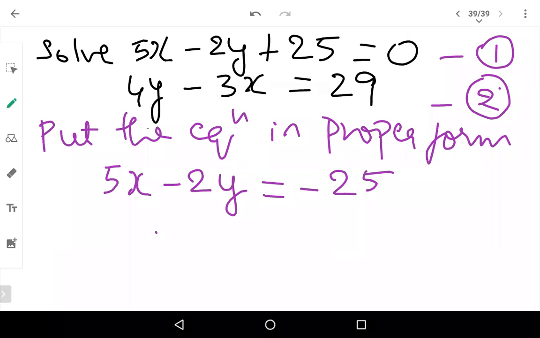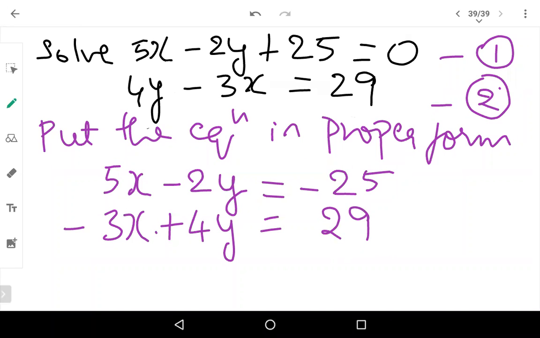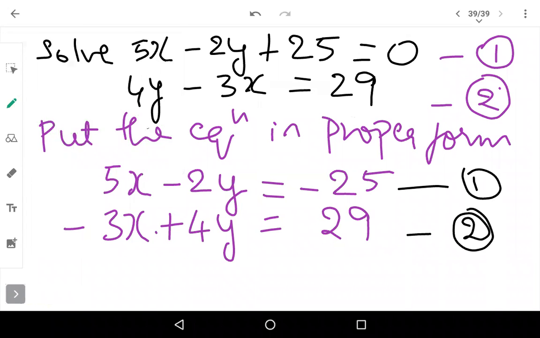So this is going to be my equation 1. Now coming to equation 2, I'll take 3x first, including the minus. So minus 3x, and 4y will come to this side, plus 4y is equal to 29. Now we have two equations in the required format, equation 1 and equation 2.